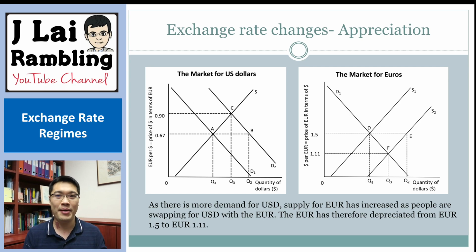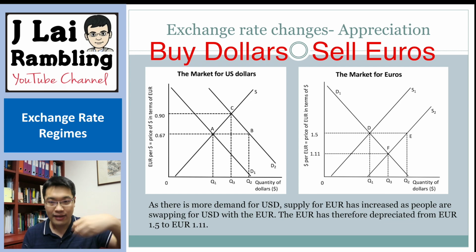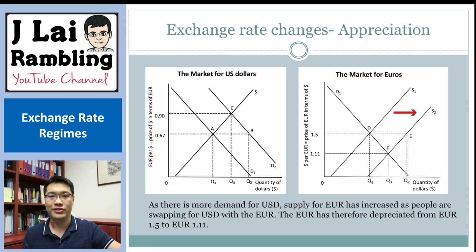In this scenario they can only be buying that with euros. So on the one hand they're buying the dollars in, and on the other hand they are selling the euros, giving the euros away. Therefore, in the market for euros, the supply curve increases at each and every price level, shifting from S1 to S2.